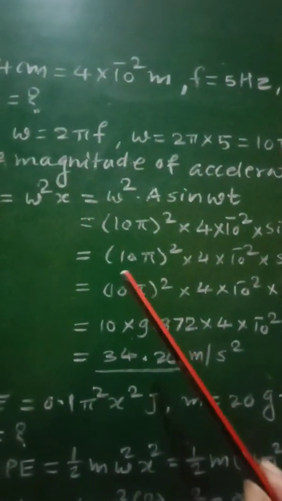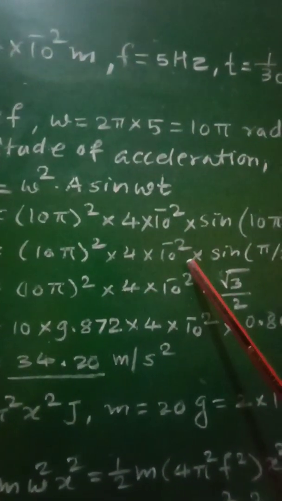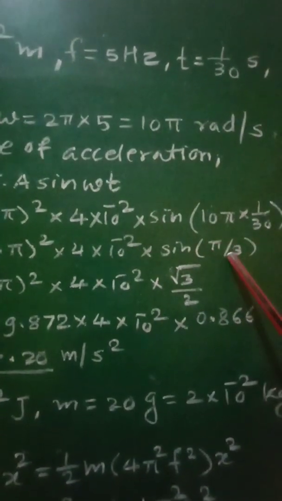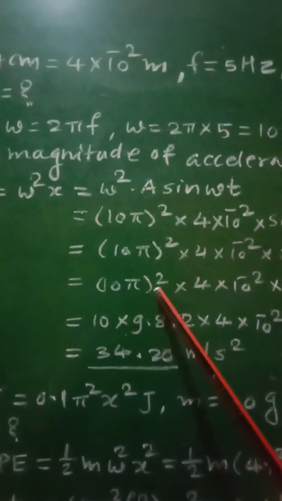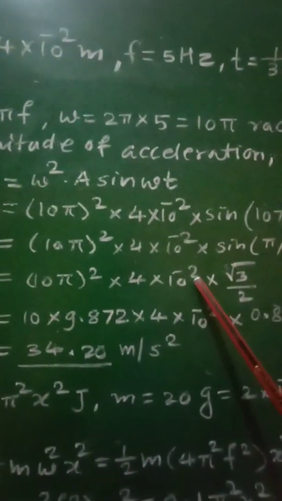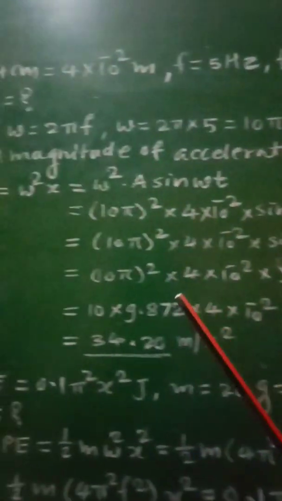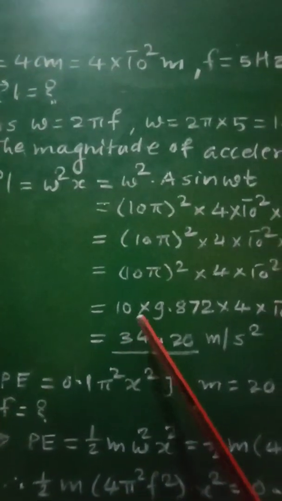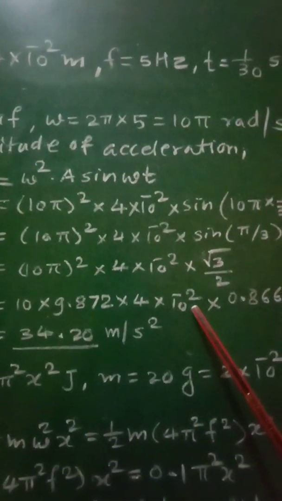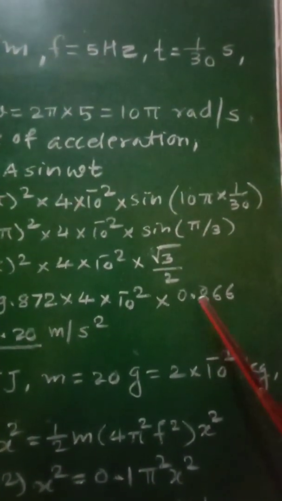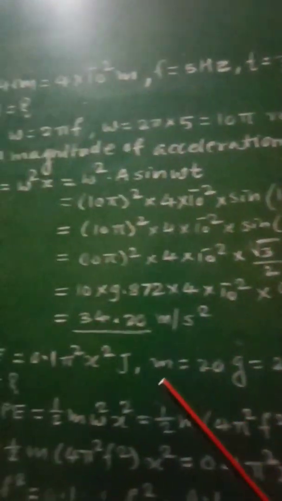Further we can write (10 pi) square into 4 into 10 raised to minus 2 into sine pi by 3. Sine pi by 3 is root 3 by 2, so we can write 10 into 9.872 into 4 into 10 raised to minus 2 into 0.866, since root 3 by 2 is 0.866.